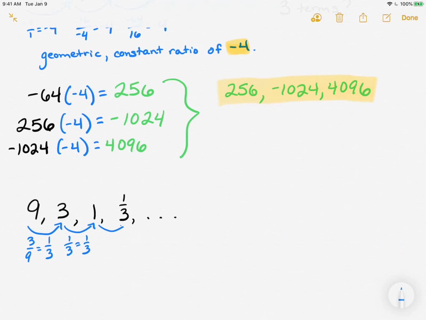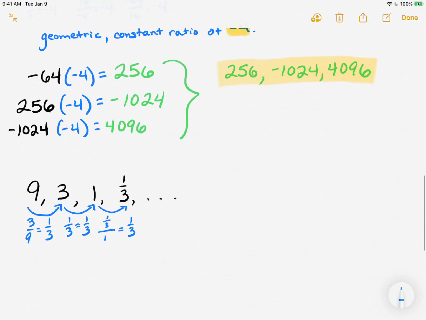And then here's where it gets a little goofy. 1/3 divided by 1 is 1/3. So this is geometric with a constant ratio of 1/3.